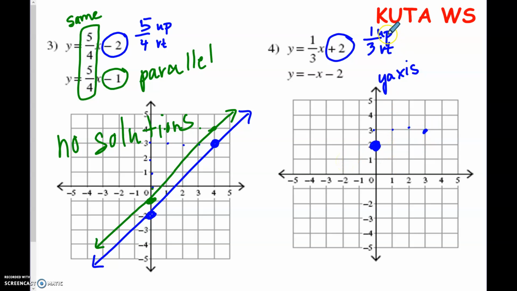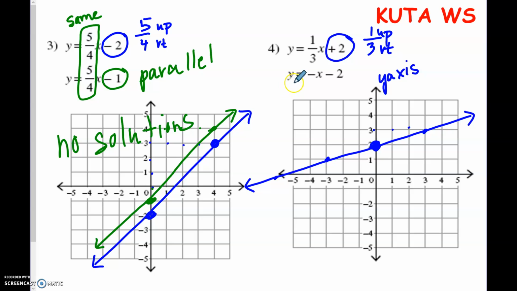The opposite of up and right is down and left. That one goes off, but at least it gives me a few more points to make this more accurate. It's okay if your line goes off your graph. You want to be as accurate as you can and make the first line as long as the graph allows, so you don't have to go back and redo it.